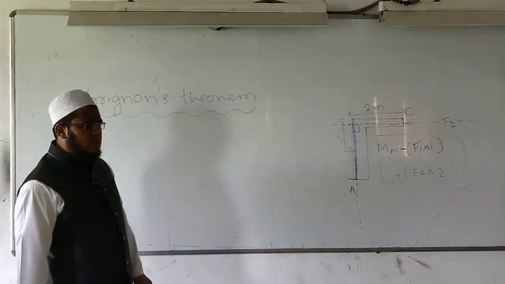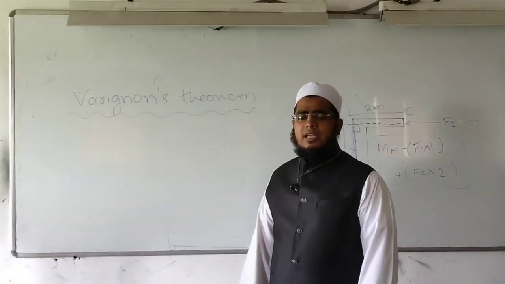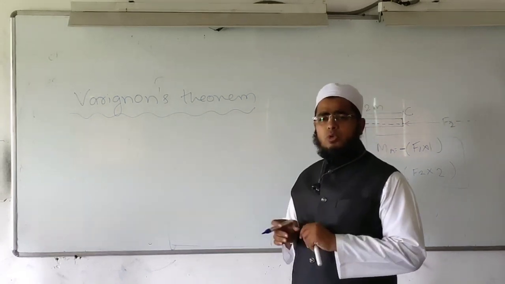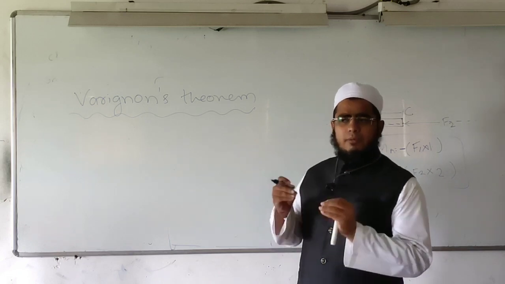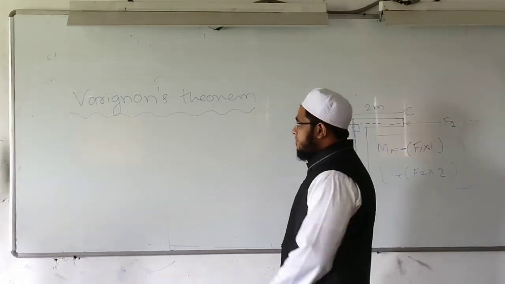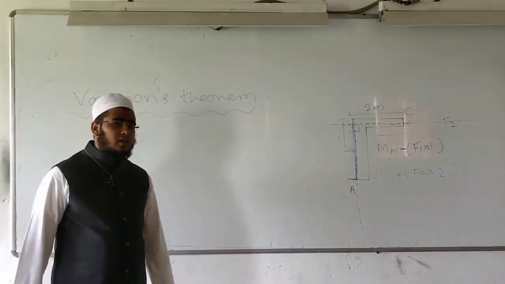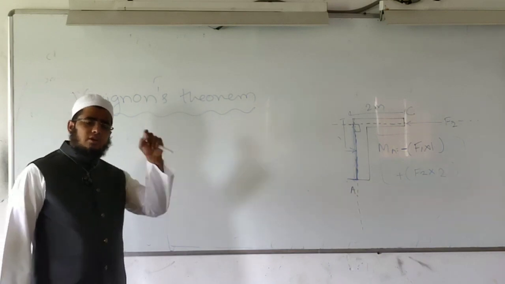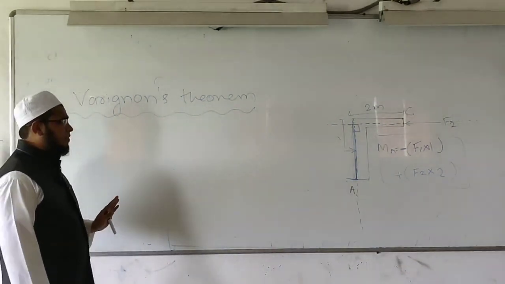Varignon's theorem states that the algebraic sum of the moments of all the forces acting on the object about a moment center is equal to the moment of the resultant about the same point. Again I will repeat: the algebraic sum of the moments due to all forces acting on the object about a moment center is equal to the moment due to its resultant about the same point.